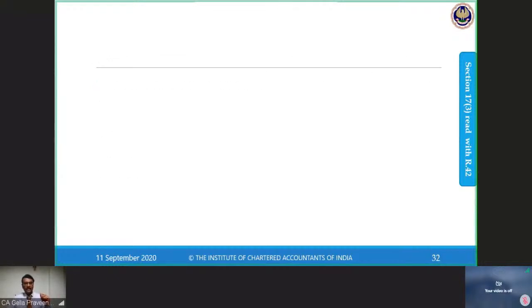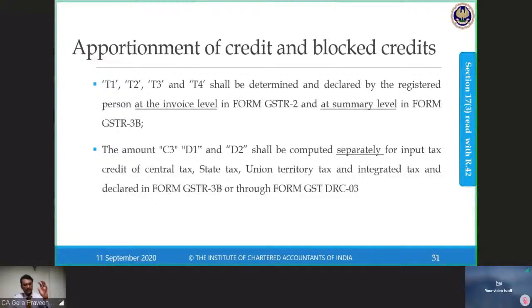Once I have calculated this C3, I get the credit I am eligible to take. Now, this slide, though it is there in the provision, is not that relevant because practically you are not going to get questions from it in your examination. Theoretically, this says that when you file GSTR 2 and GSTR 3B returns, bill to bill, invoice level, you have to do this activity.